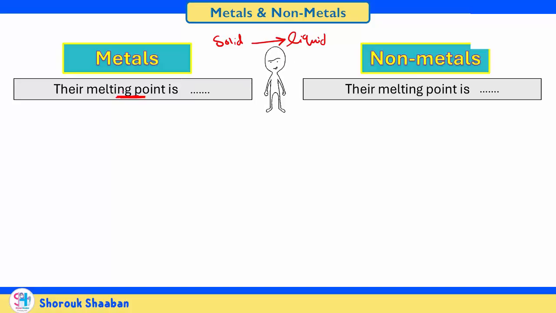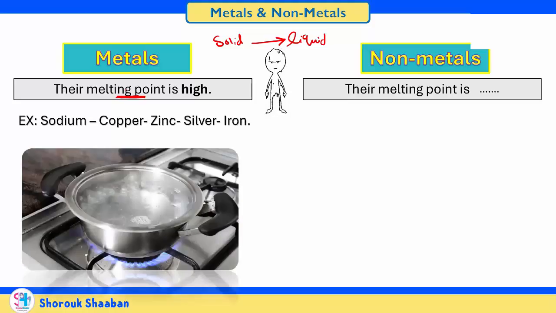Or put another way, if I want to convert a solid metal into liquid, do I have to use too much heat, or is just a little amount of heat enough? Actually, for metals, it's high. You have to use too much heat if you want to melt it.